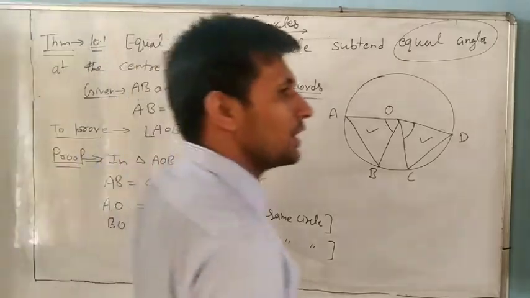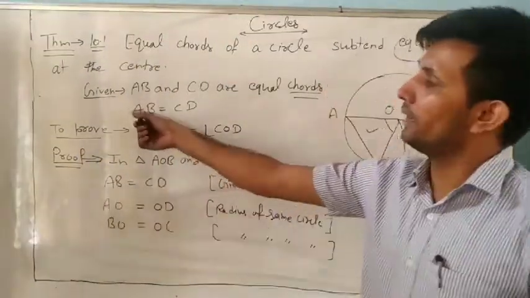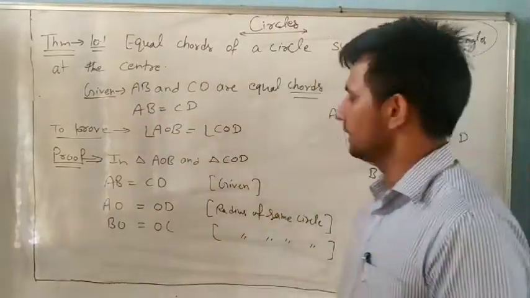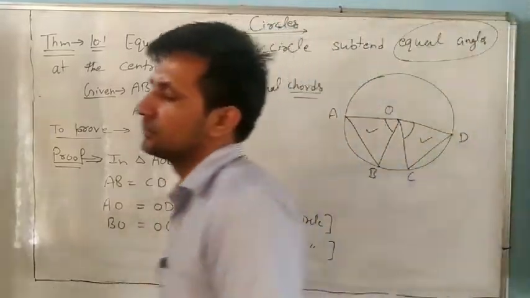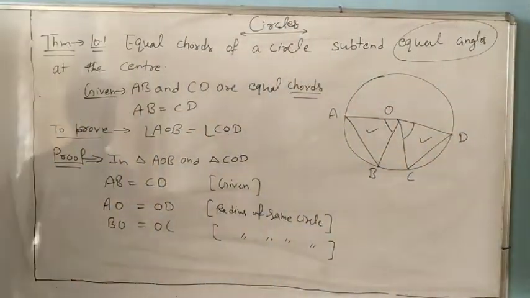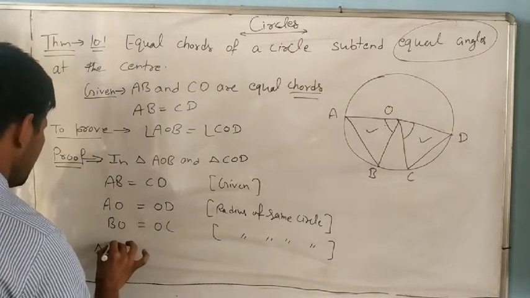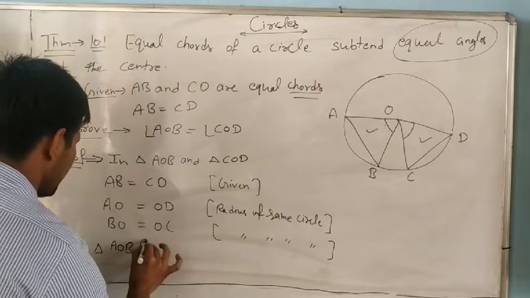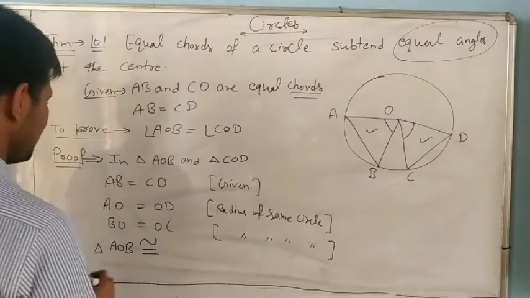Understand it? So we prove it. AB equal to CD is already given because both of the chords are given equal. Next, AO equal to OD and BO equal to OC, they are radii of the same circle. So we have the sides. So write triangle AOB congruent to triangle COD.